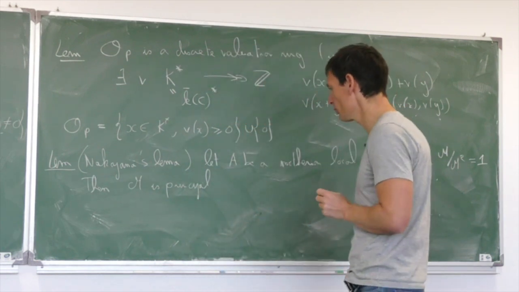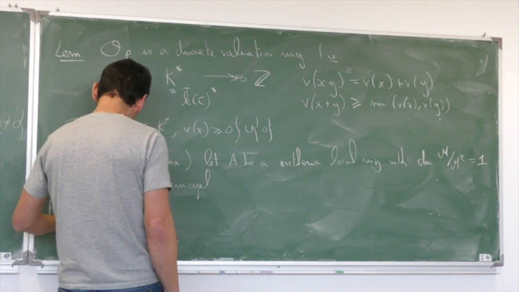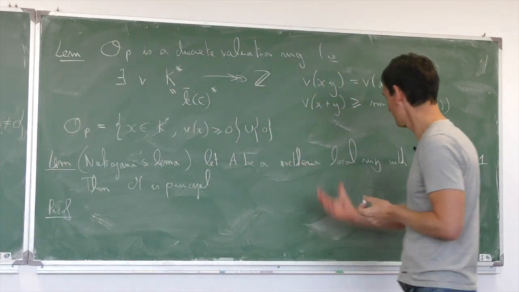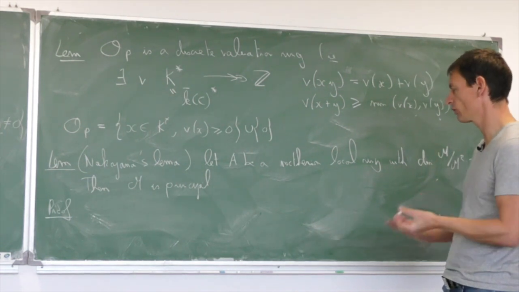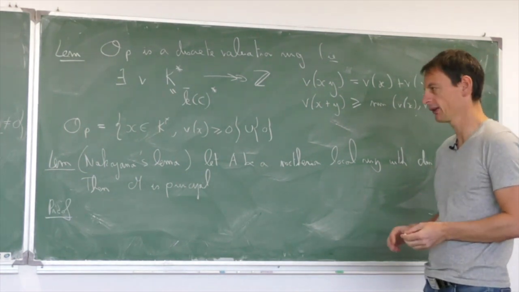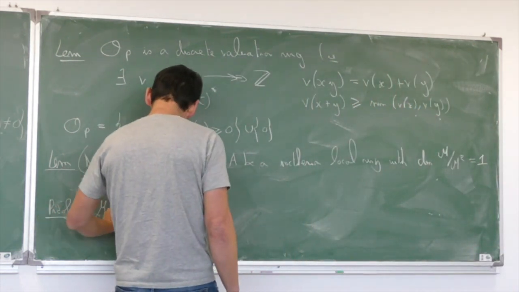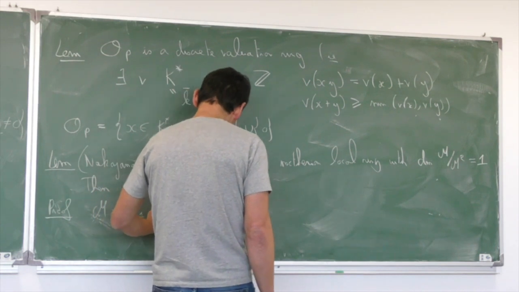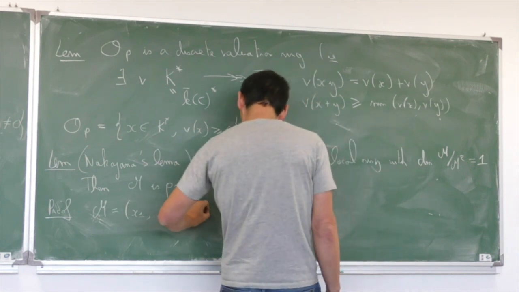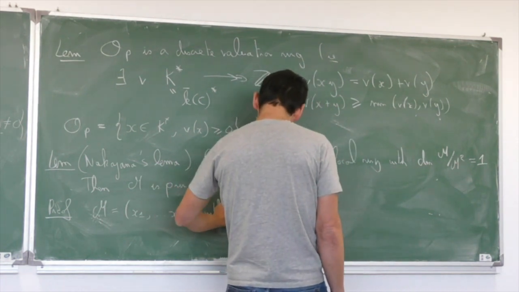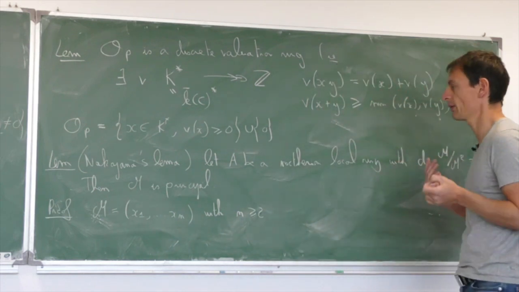Okay, so how do you do that? Well, first, you have a Noetherian ring. And this is always nice because it means that all your ideals are going to be finitely generated. So let's take generators x1, ..., xn for M, with n assumed greater or equal to 2.